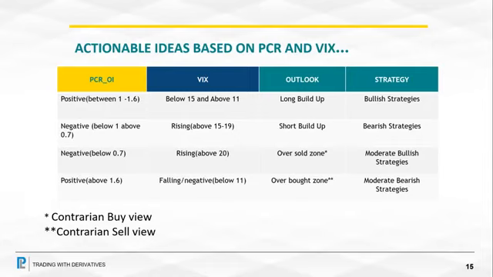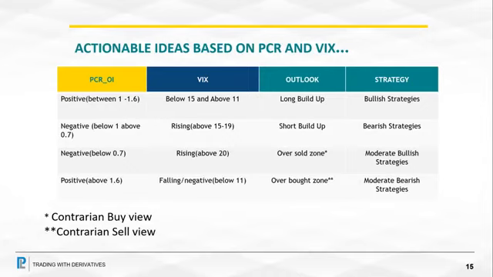Let's say PCR is positive between 1 to 1.6 and VIX is below 15 and above 11. If you remember, the safe zone for VIX is between 11 to 14, so I have taken below 15 and above 11. Then the outlook is long build-up. Everything is normal, sentiment is positive, and Nifty can see the long side from here.